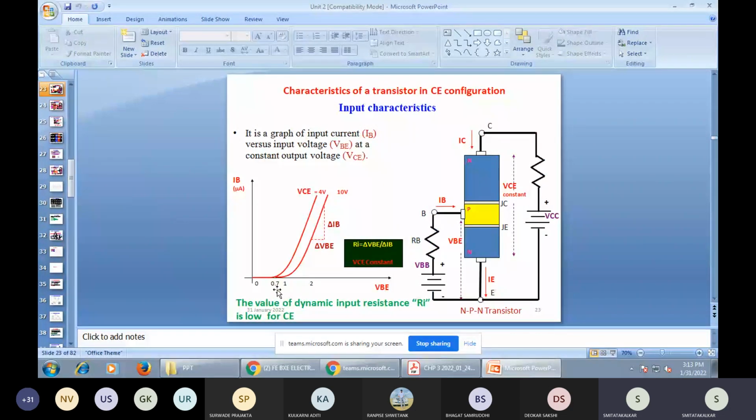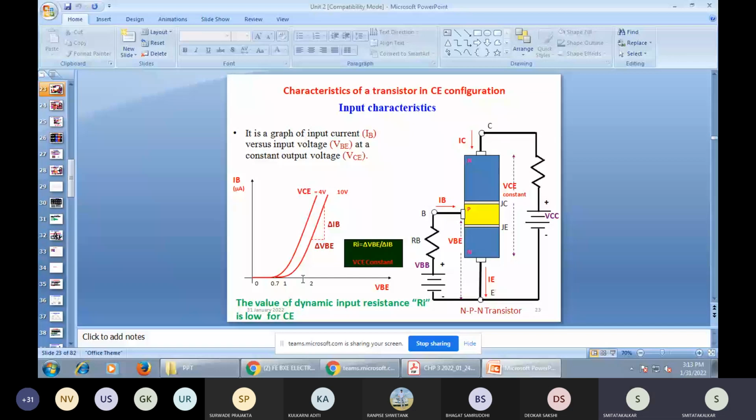The junction of base to emitter is reverse biased, and base to collector, here the collector output side is constant. That's why the output is also reverse biased. This region is known as the cutoff region.